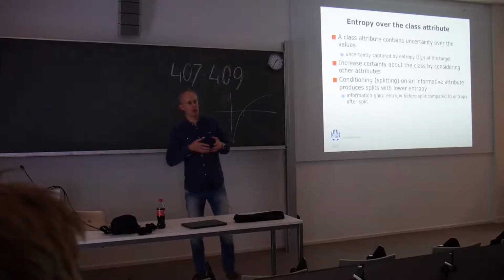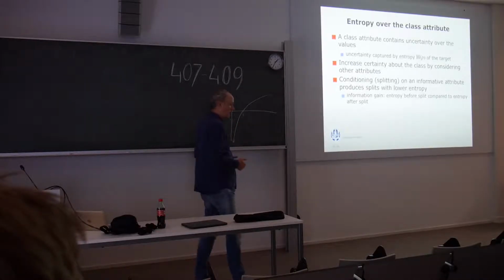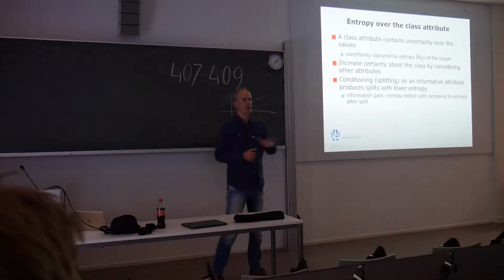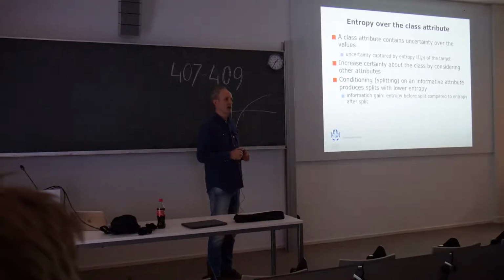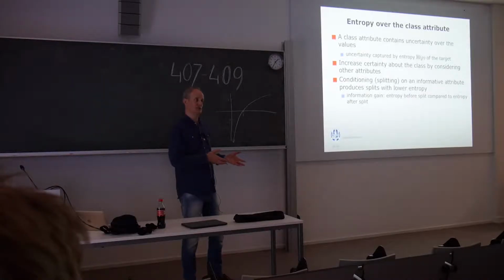That is, there is some uncertainty in the class attribute. If you look in your data, maybe half of your data might be true and half of it might be false. And that's the uncertainty that you want to resolve somehow. You want to predict something based on your insights. And as soon as you are able to predict it, there's no more uncertainty, of course.